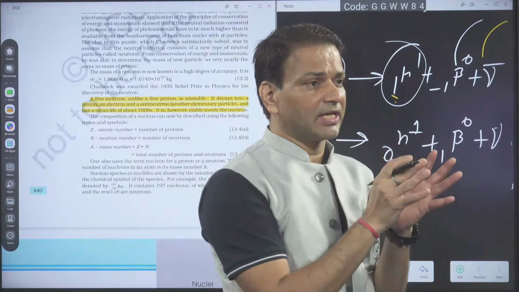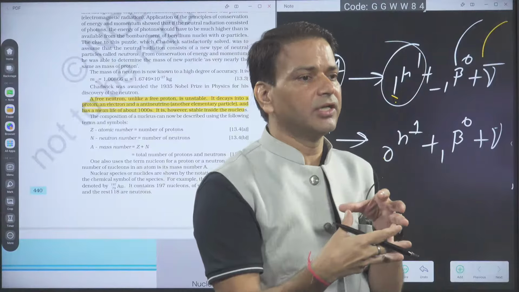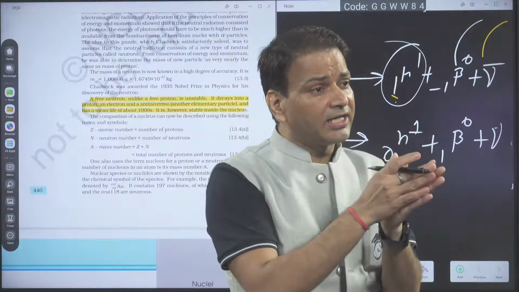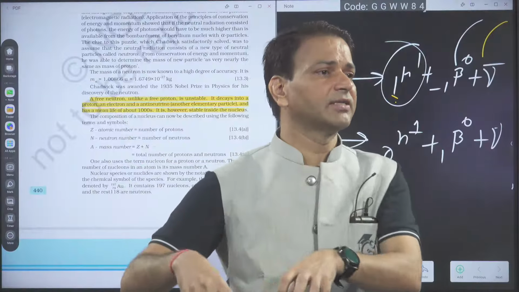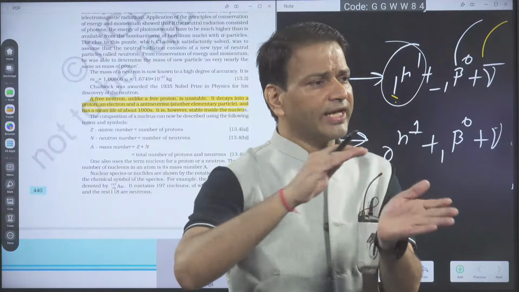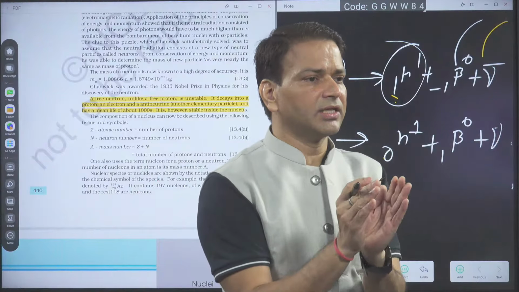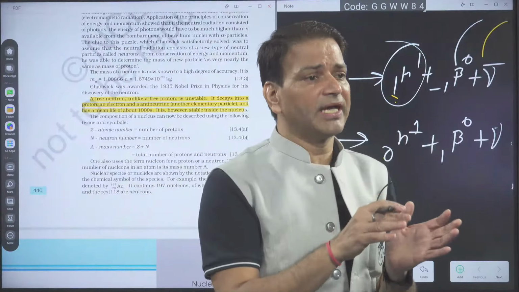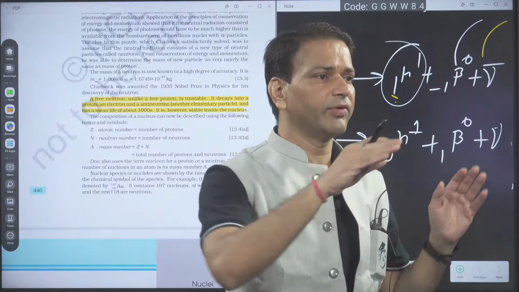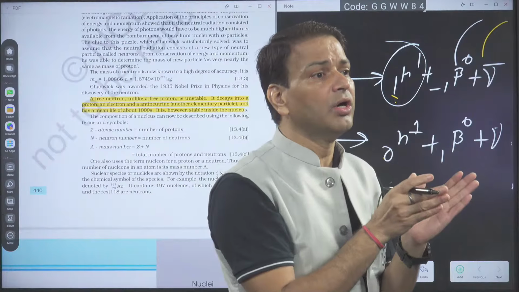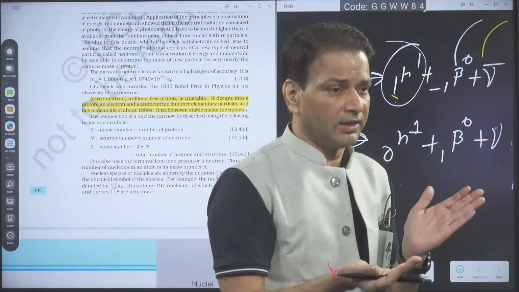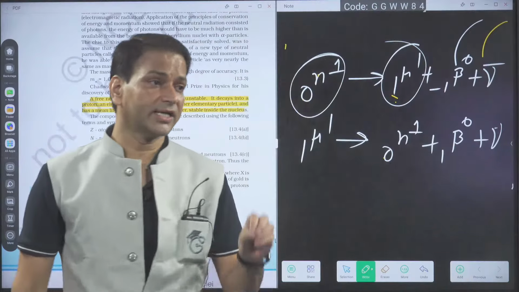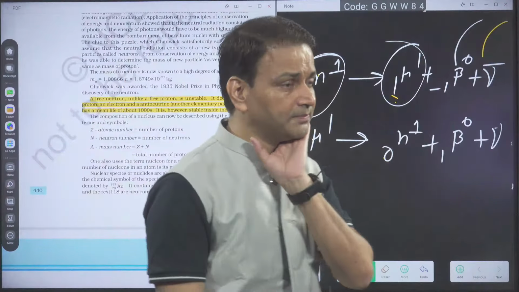Majorly, the energy released is distributed between the anti-neutrino and the beta particle randomly, so we cannot say beta will get this amount and anti-neutrino that amount. Suppose X amount of energy is released: beta can get X and the anti-neutrino is negligible, or the anti-neutrino can get X and beta is negligible. There is a random distribution of energy between beta and anti-neutrino, so all possible energies of the beta can be obtained. That's why beta emission is a continuous spectrum. Remember that in radioactive disintegration, beta is the continuous spectrum.